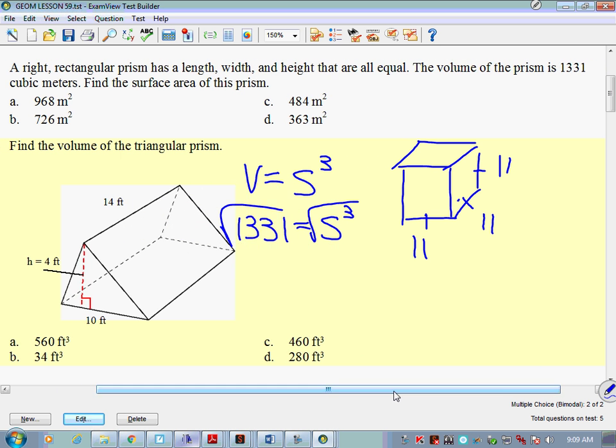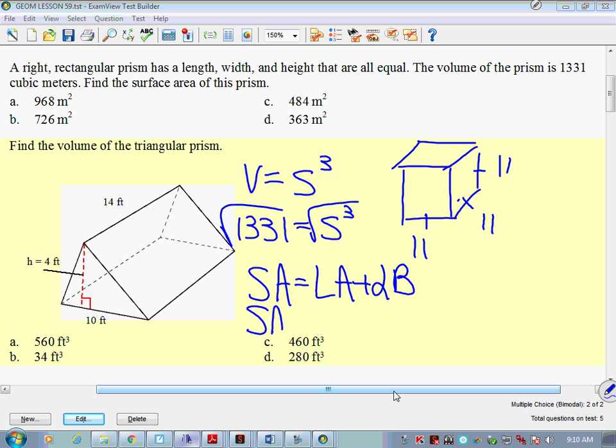The formula for surface area equals lateral area plus 2 times the area of the base polygon. Okay? We could be a little bit more specific and say that surface area equals the perimeter of the base polygon times the height plus 2 times the base. Okay? Could even be even more specific here with our shape.